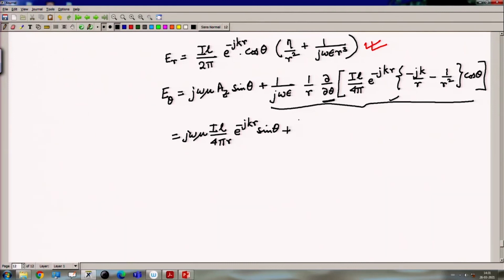Plus 1 by j omega epsilon, 1 by r, I L by 4 pi e to the power minus j k r, minus j k by r minus 1 by r square times the differentiation with respect to theta, which is minus sin theta, times the differentiation of cos theta with respect to theta, which is minus sin theta.